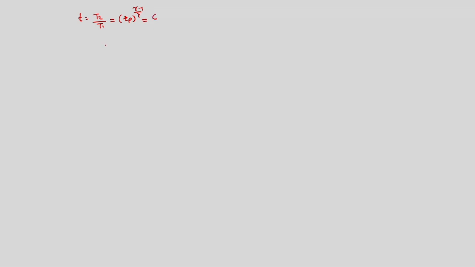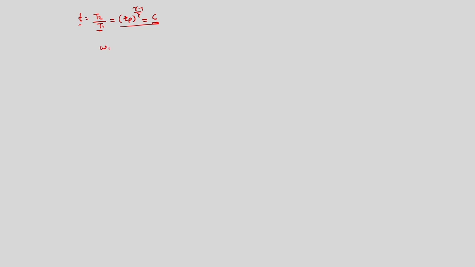So practically C is the constant which we have represented for the pressure ratio. T was the constant which we have represented for T2 by T1, but T and C are the same.